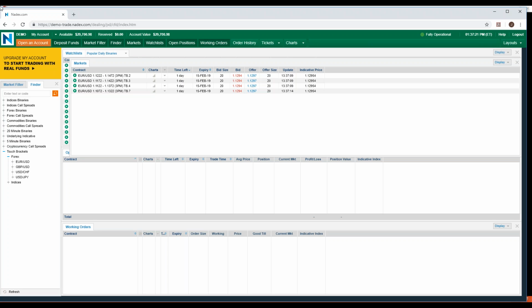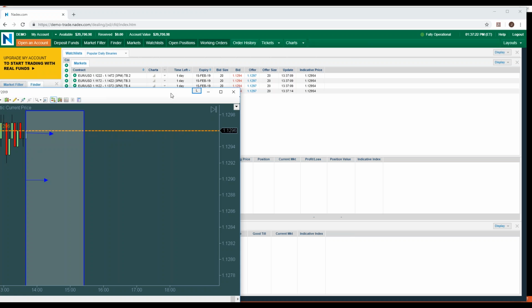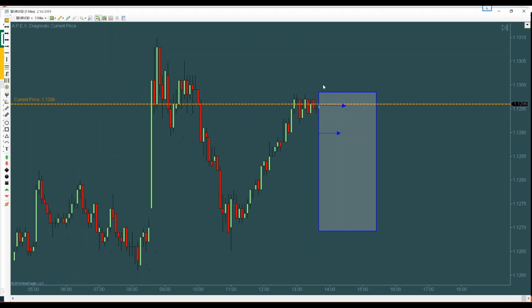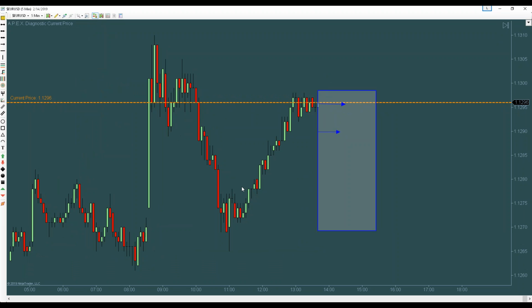So let's say, for example, that you're trading a longer term system. You're not necessarily day trading, getting in and out real quick. You're trading on larger size bars, daily bars, hourly bars, 4-hour bars, whatever it may be. And you're looking for a little bit longer term trade vehicle that's going to move tick for tick with the market. Well, then the touch brackets might be more something you're interested in, because they don't expire until the end of the week.